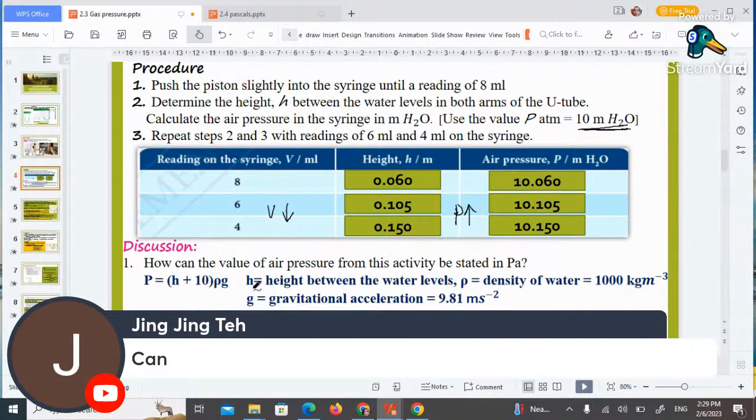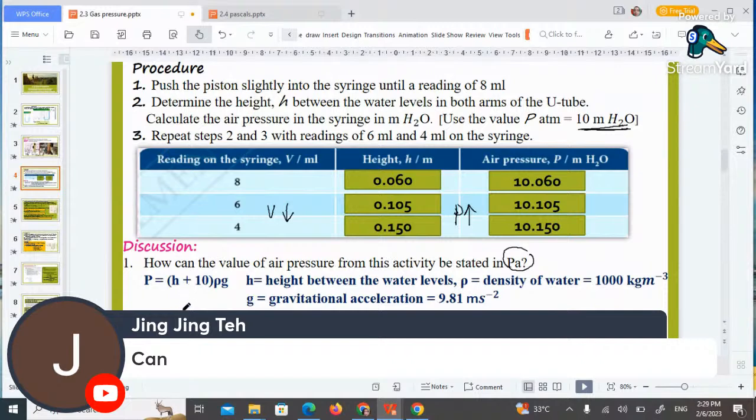Okay, let's look at some questions below. How can the value of air pressure from this stated activity be stated in Pascal? It means you want to convert meter of water to Pascal. So just use the formula P equals H rho g. The total pressure here is atmospheric pressure plus H. That's why here we have H plus 10.